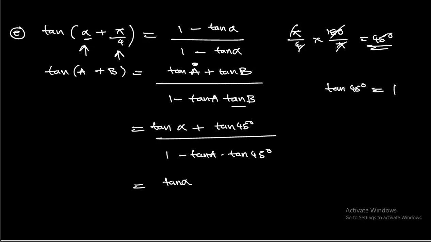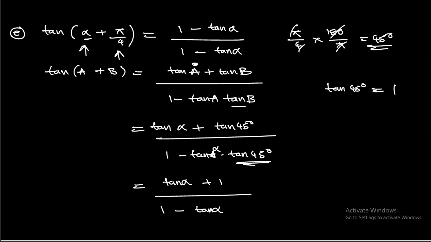So we are going to have tan alpha plus 1 over 1 minus tan alpha multiplied by 1. Even if we multiply by 1, we still have tan alpha. So this is how our question is going to be, guys.